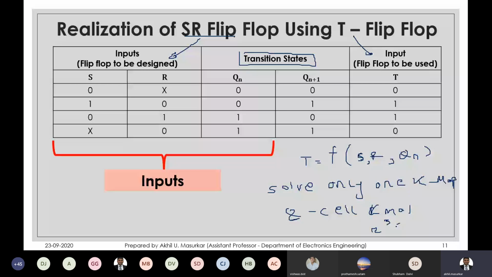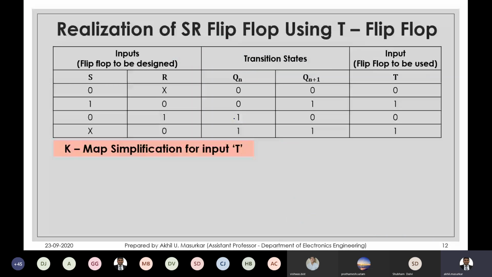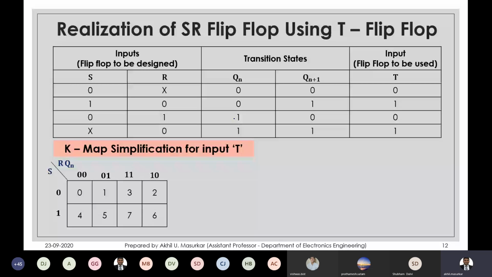Come on, solve this and tell me. So solve the K map and tell me. So I will ask anybody now randomly to unmute and tell me which terms are 1, which terms are zeros and so on. I will ask you whether 0 position is 1, 0 or don't care.